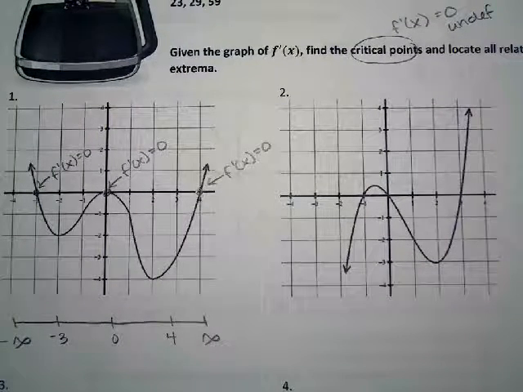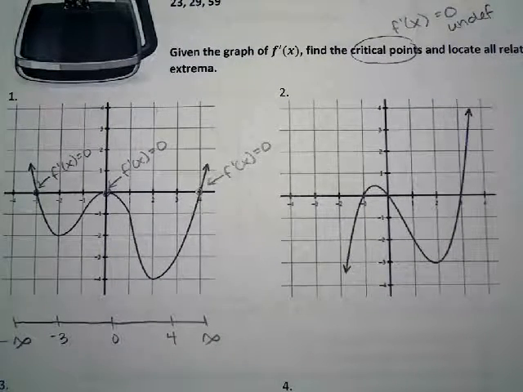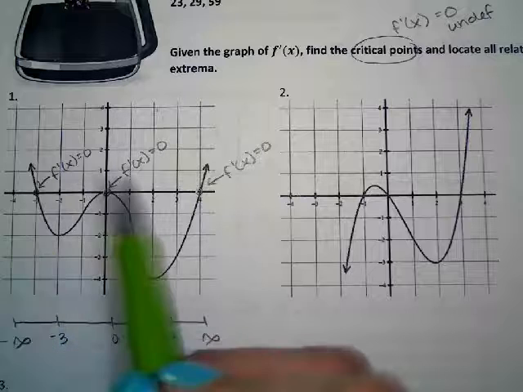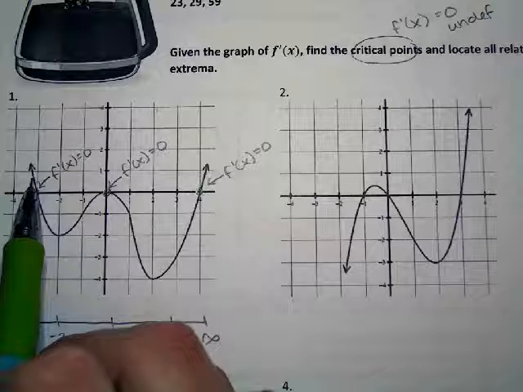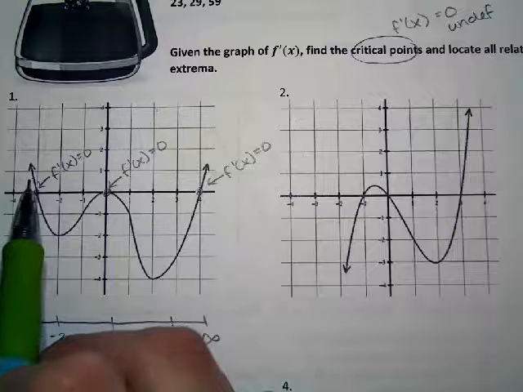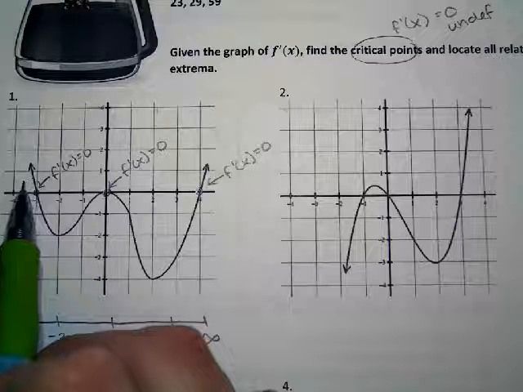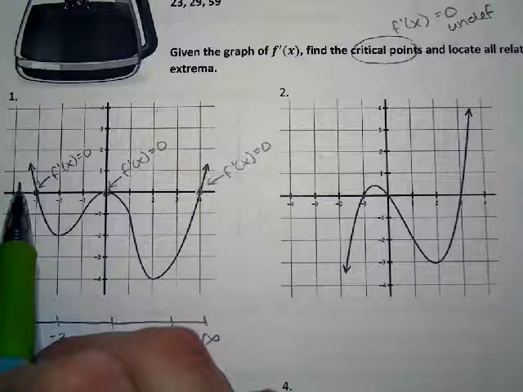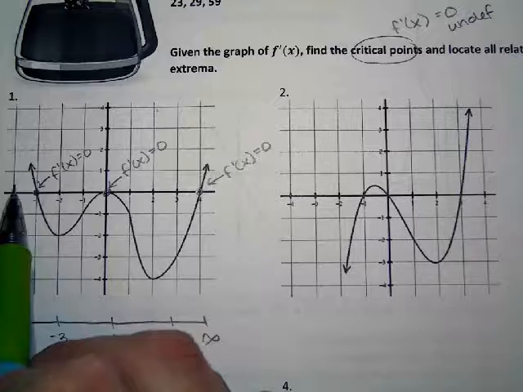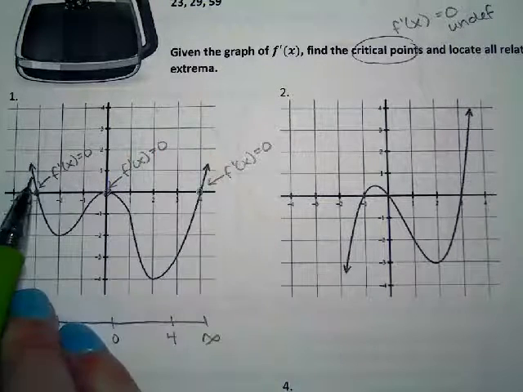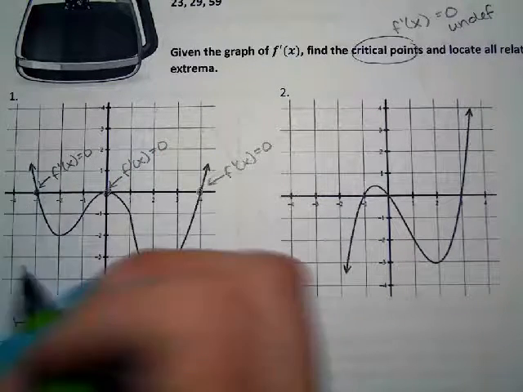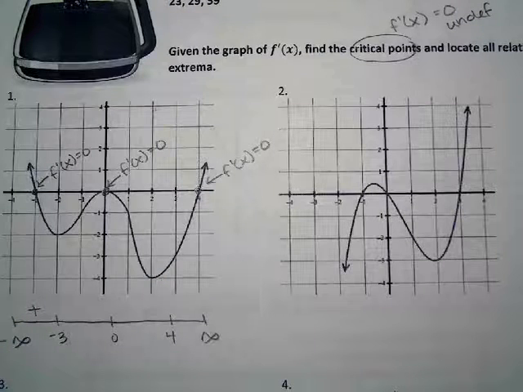Okay, let's figure out our signs, right? To the left of negative 3, is the derivative positive or negative? Positive. How can you tell? It's above the x-axis. So the y values are positive here, which means the sign is positive.